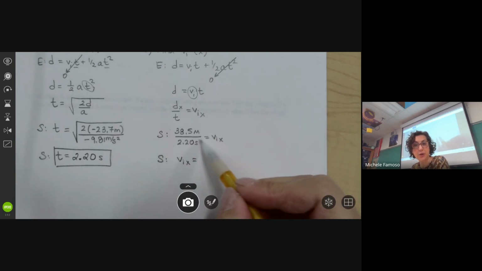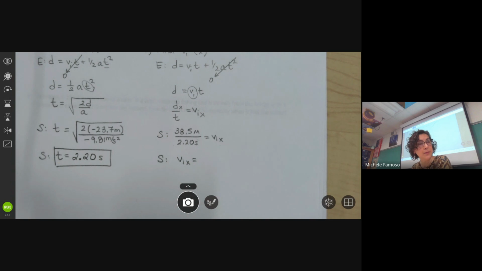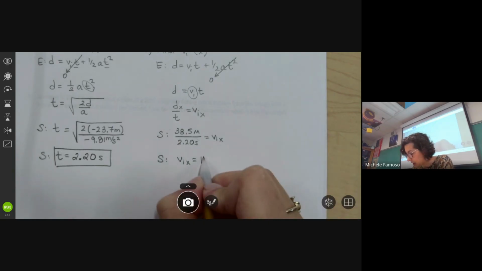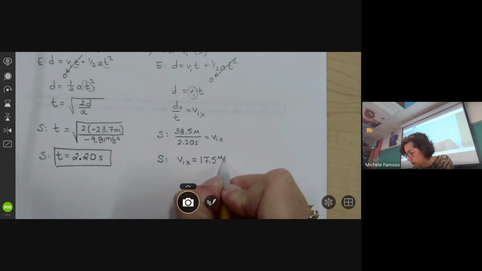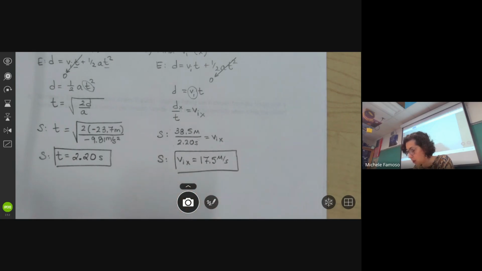Incorrect sig figs. You have 3 in the top, 3 in the bottom. Nope, not 18.0. 38.5 divided by 2.20 is not 18. There you go. 17.5 meters per second would be the correct answer for part B.